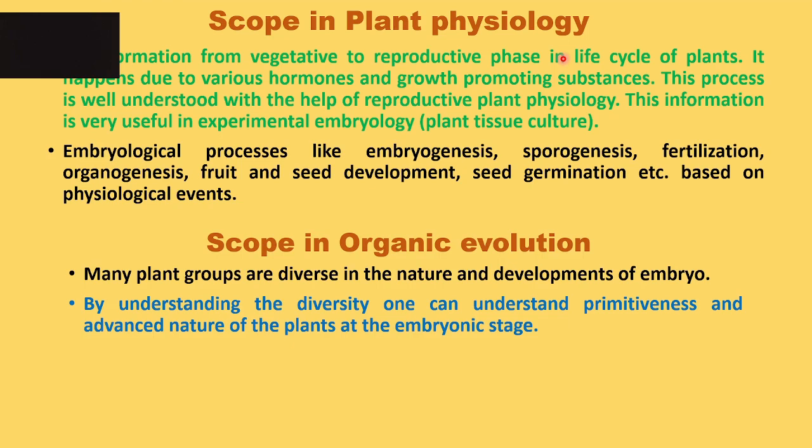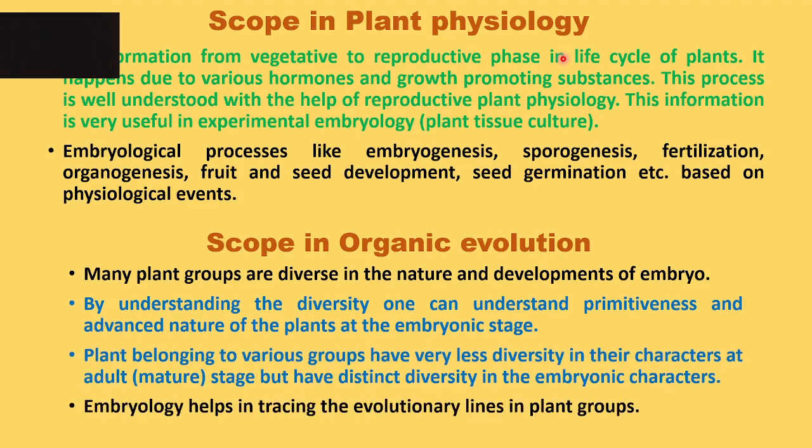Both these plants are developed from embryos, but there are some changes in the embryonic stages, and these changes lead to organic evolution. So this particular study can be done with the knowledge of embryology.